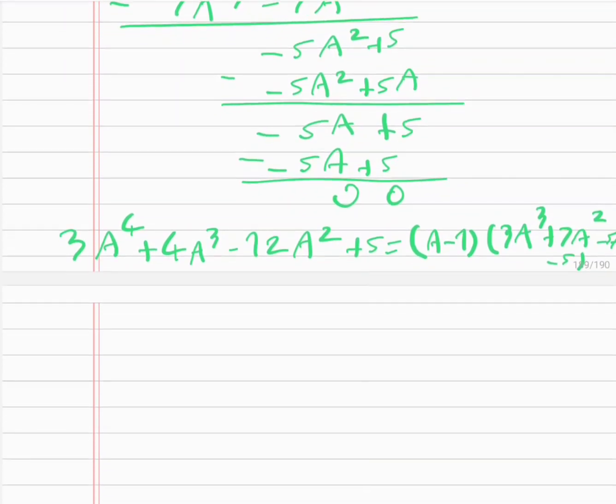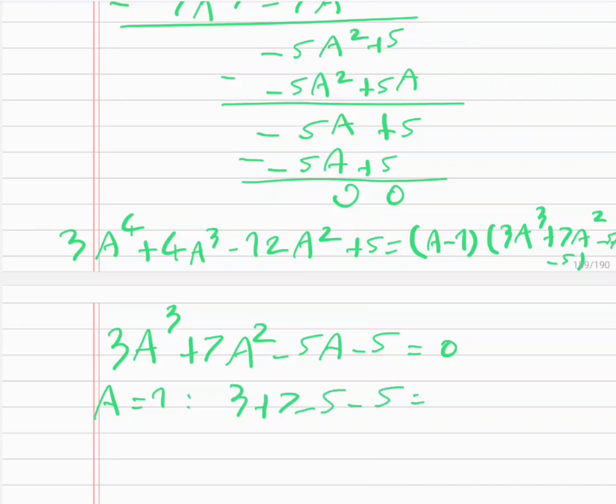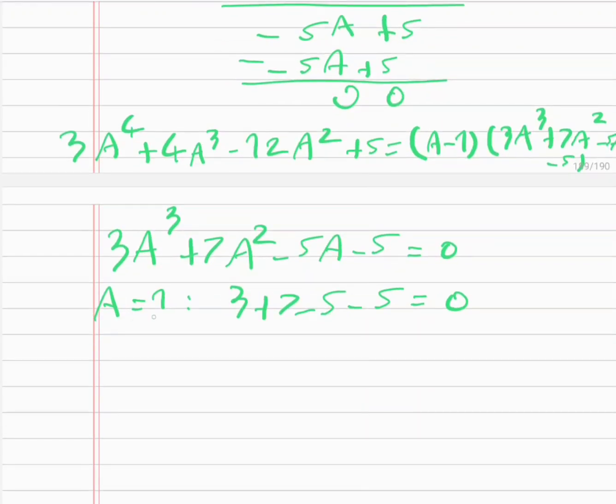And interestingly, here what's happening is that we have a cubic now, so we just need to go through this process again, with another long division and another factor theorem. But it's interesting because for 3a cubed plus 7a squared minus 5a minus 5 equal to 0, a equal to 1 is going to give us 3 plus 7 minus 5 minus 5, which is equal to 0. And this is in fact another root.